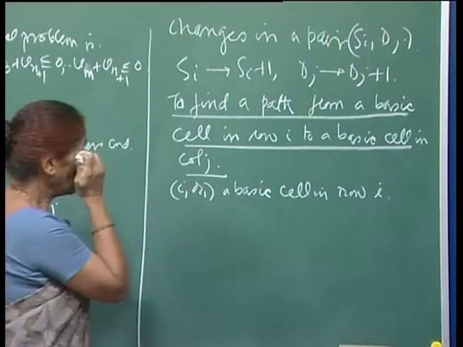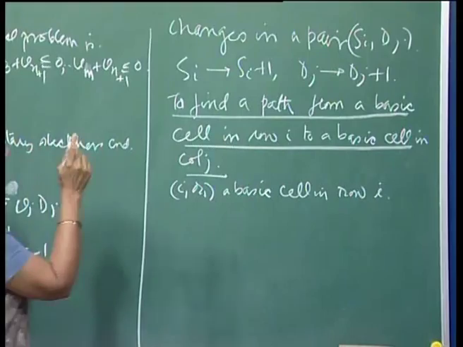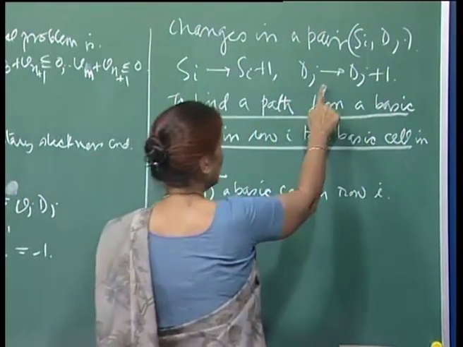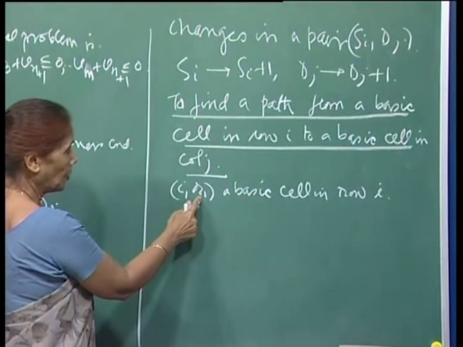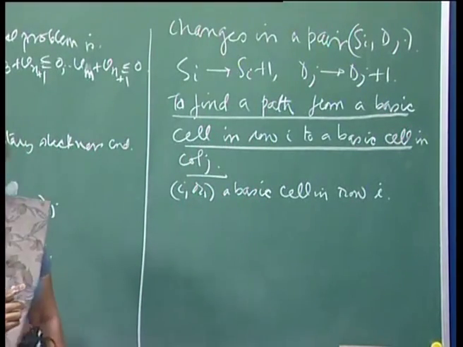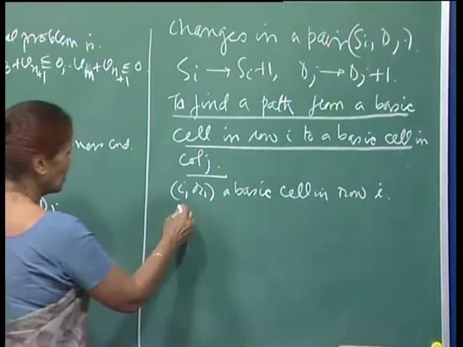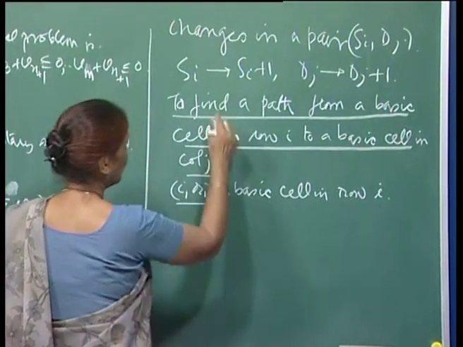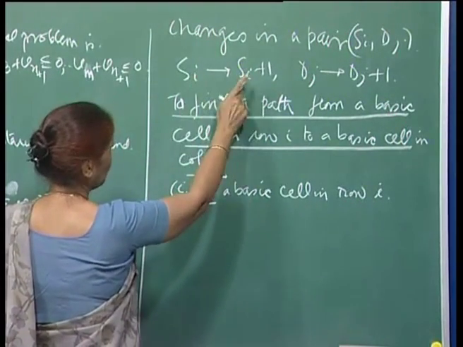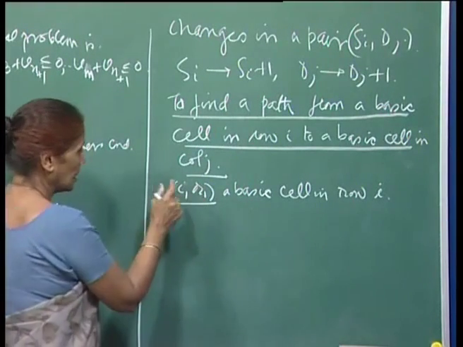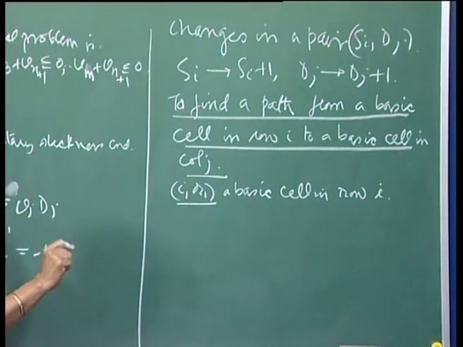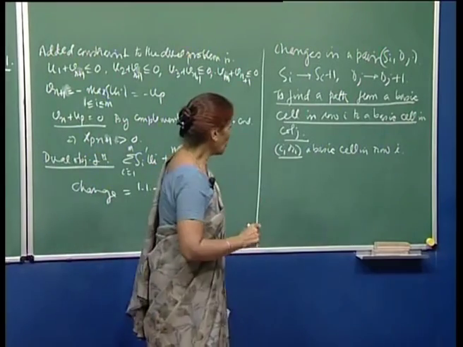Because only S_i and d_j have changed, the demand for column R1 has not changed. Since S_i has gone to S_i plus 1, this particular value x_iR1 will go up by 1.